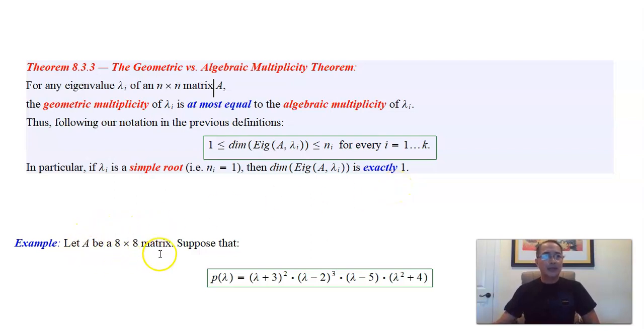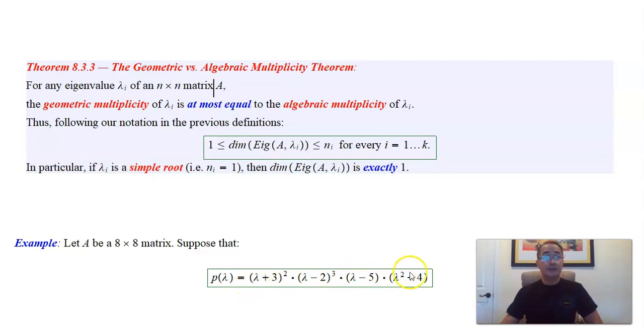Okay? So here is an 8 by 8 matrix, and actually I'm not going to show you what's inside the matrix. What's important is the factorization of its characteristic polynomial. Okay? So, does it add up correctly? We have a power 2 over here, power 1, power 3, and power 2. So 2 plus 1 is 3, plus 3 is 6, plus 2 is 8.